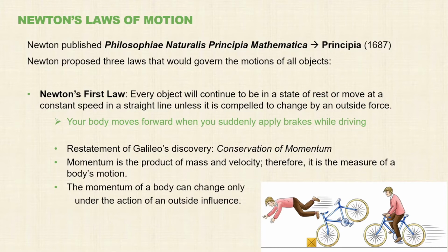But any object in motion has velocity and mass, so that's the momentum. And Galileo had put that the momentum of a body can change under the action of an outside influence. If there was no external force acting on it, the momentum would not change. Newton simply rephrased it.